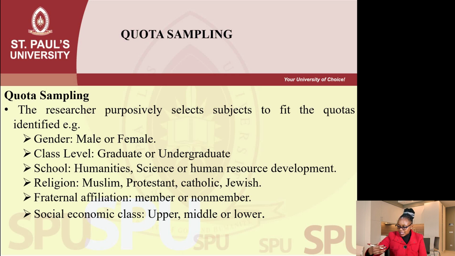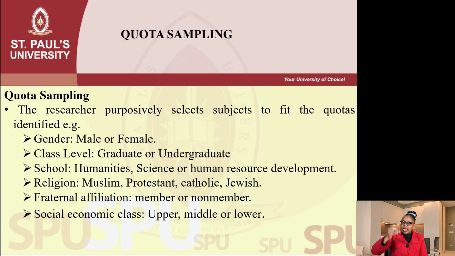So everybody else is out. Then you say, I'm also going to look at the religion. So they must be male, undergraduate, doing human resource management, and they must be Protestants. That is the 4th one.